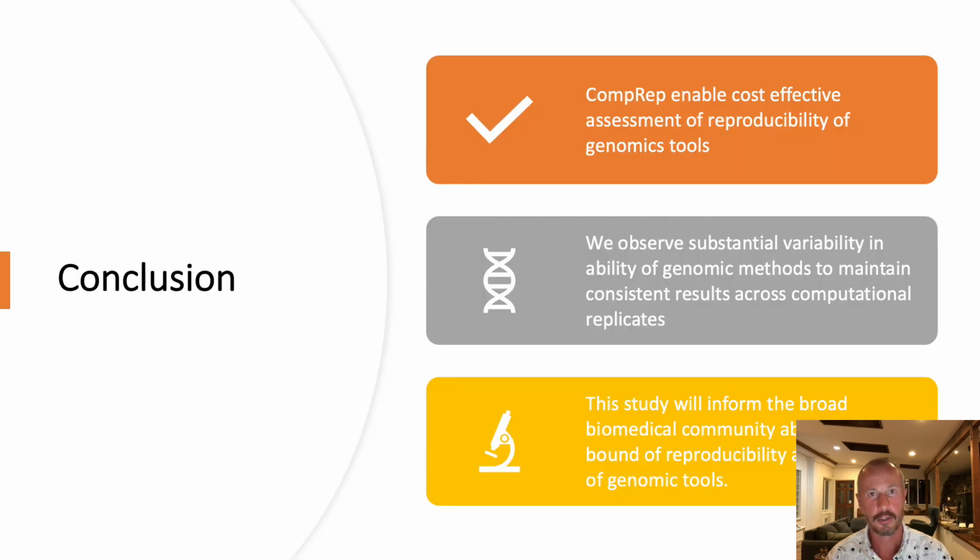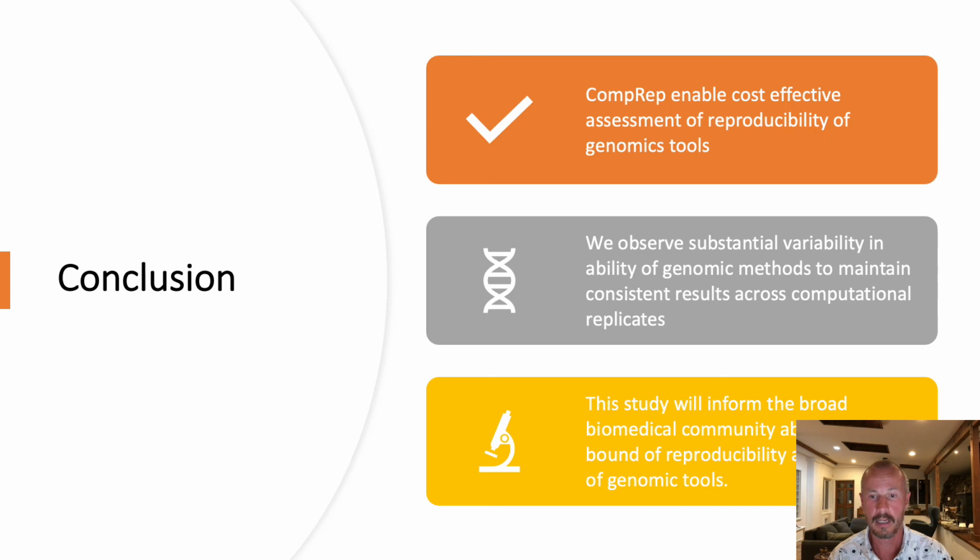So just to stay on time, even though it's recording, so I don't know actually how the timing is enforced, but just to conclude and be on time, we have introduced the new tool, CompRep. It enables cost-effective assessment of reproducibility of genomics tools. We observe substantial variability across the genomic tools, including read alignment, structural variant, and RNA-seq tools.